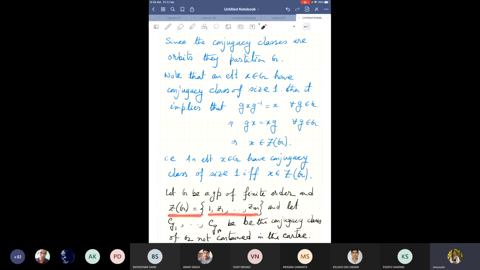Apart from the elements of the center, the remaining elements are in the following conjugacy classes, CG1 to CGR. So g1, g2, ..., gr are the elements which are outside the center, and their conjugacy classes fill out the whole of G. What we have observed is that for elements of the center, the conjugacy class is of size 1.